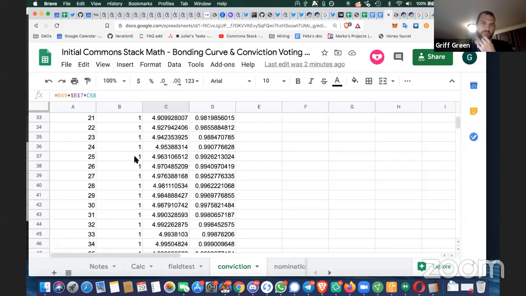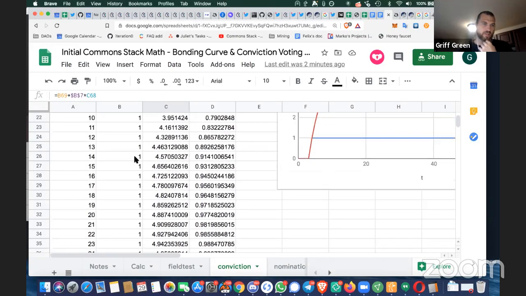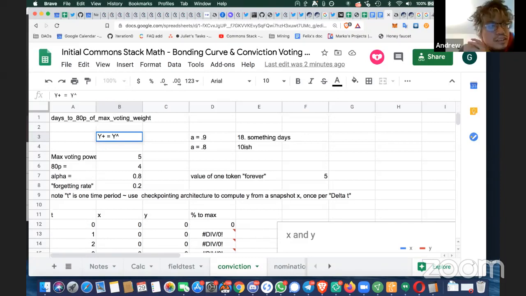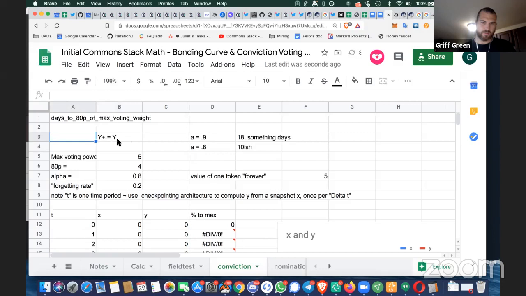So this would just be conviction to the ninth, to the x power. So this is like plus alpha times alpha. That's right, alpha times y, and then basically to the t.